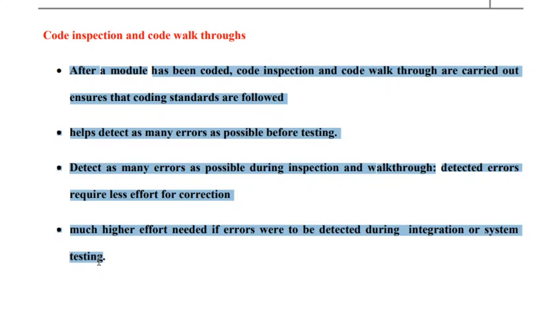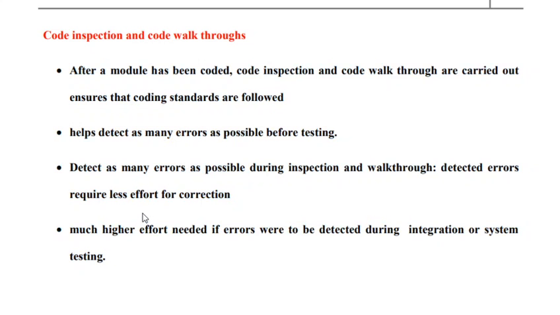Because if we are capable of resolving issues related to code before the onset of the testing phase, then the total cost incurred may be considerably less. So it helps in detecting errors with relative ease, and we can then bring about correction.